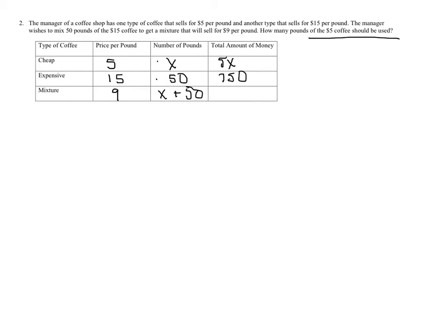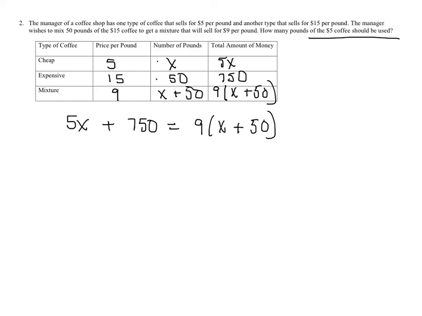And then the total amount of money in the mixture, I just am really careful. I'm going to do 9 times (x plus 50) and make sure that my expression is getting ready for the distribution. So here is my lucky equation. The amount of money invested in the $5, the cheap coffee, plus the amount of money invested in the expensive coffee is equal to the amount of money in the mix.